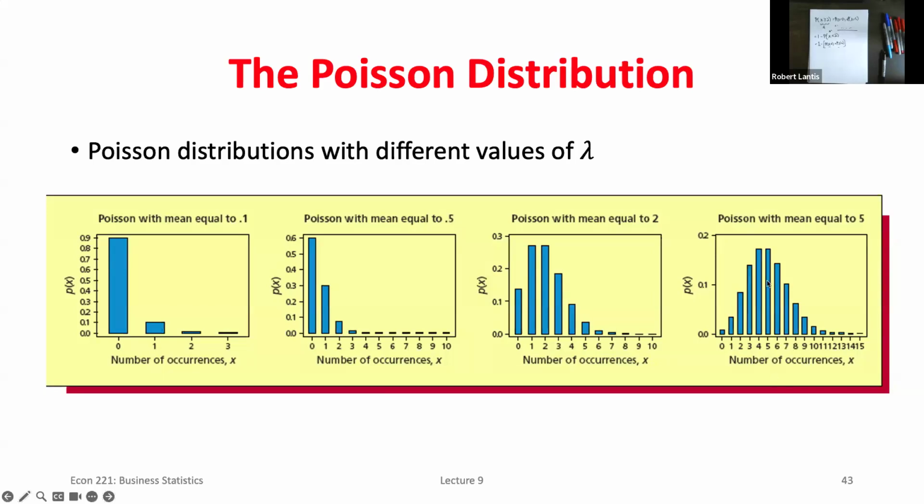So I'm always going to technically have a right tail. The higher the Poisson mean, or lambda, gets, the closer it gets to looking symmetrical, but it's always going to have some right skew to it. Same kind of thing applies.